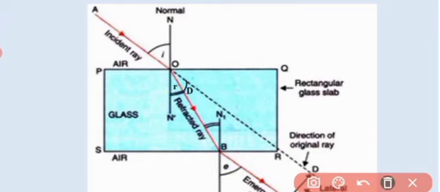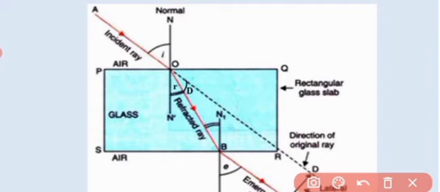Now the angle between the original path and the refracted ray is known as the angle of deviation. These are all the terms that we're going to be considering when we start having calculations on this.